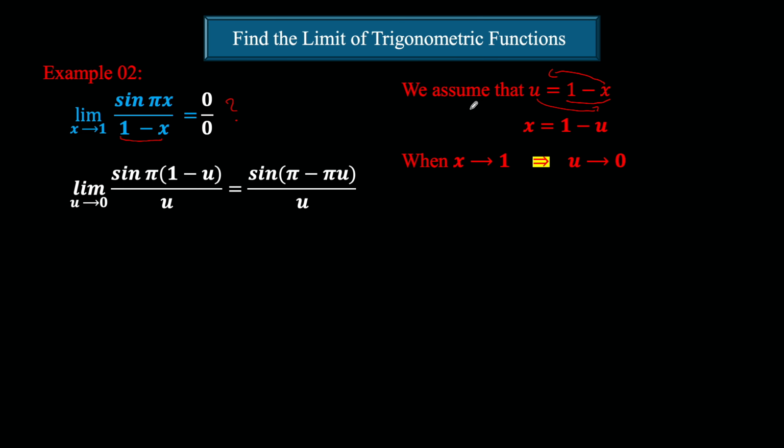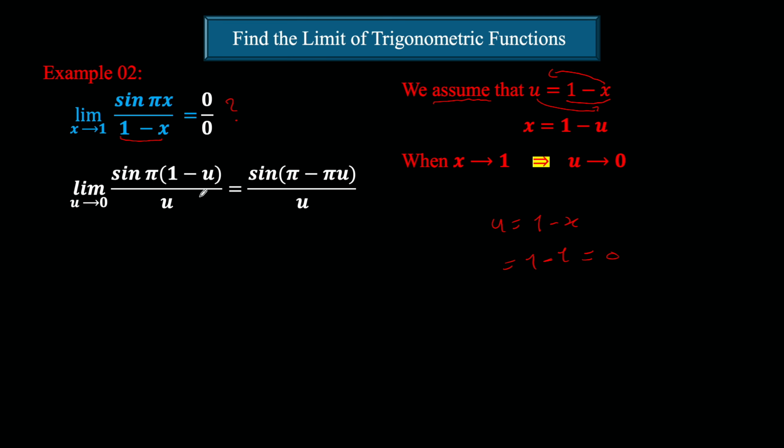Why? Because from our assumption, u is equal to 1 minus x. So x approaches 1, we substitute x by 1. This is equal to 0, right? 1 minus 1 is 0. And in the context of limits, we say u approaches 0, okay?